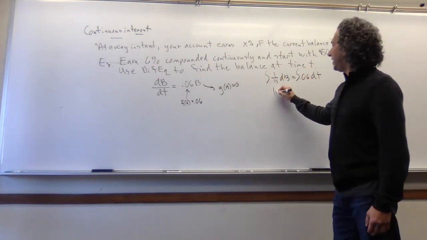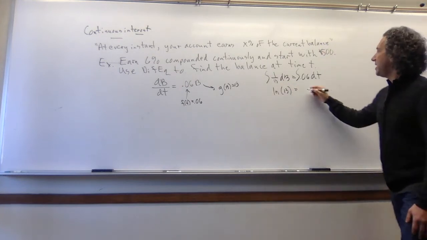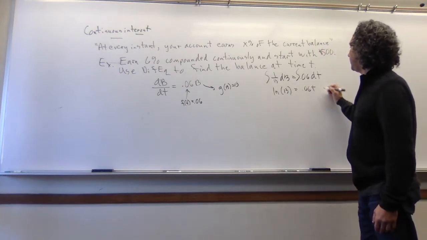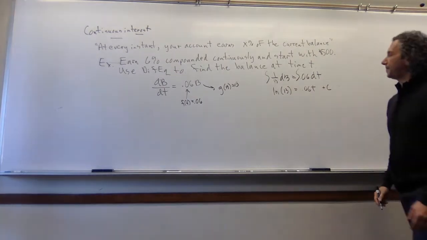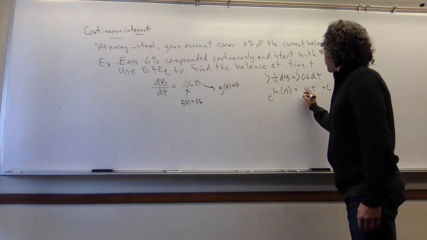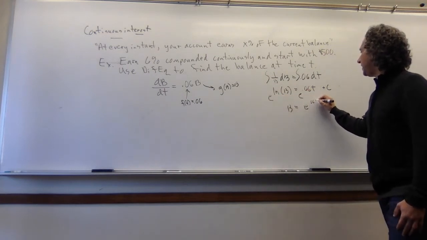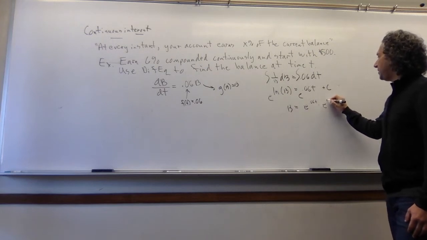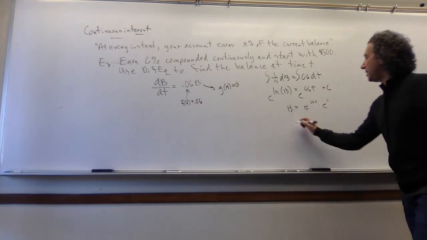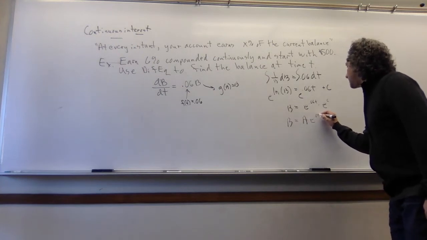Balances are positive, so I'll have the natural log of b. I don't need the absolute value. And this guy is 0.06t, again, plus c. We've played this game before. Let's exponentiate both sides. So we have that b is equal to e to the 0.06t times e to the c using properties of exponents. So that b is A e to the 0.06t.